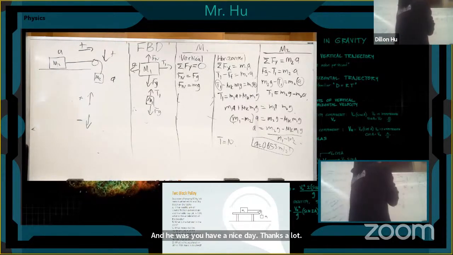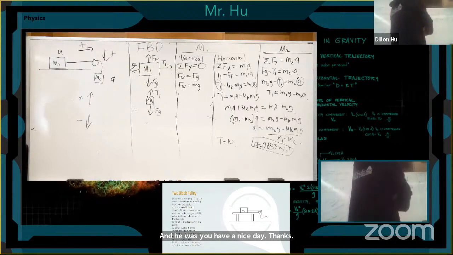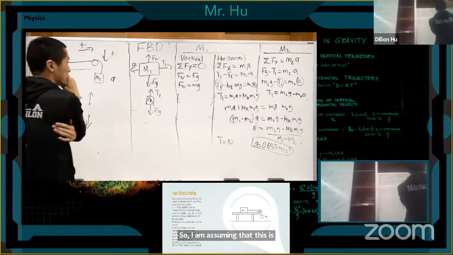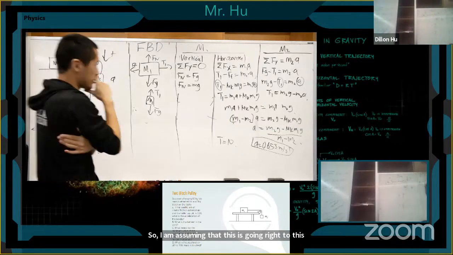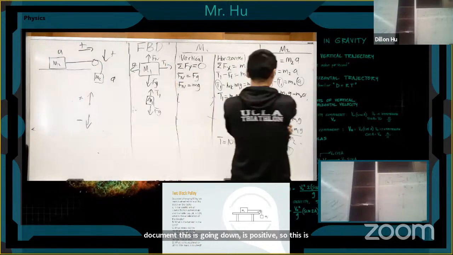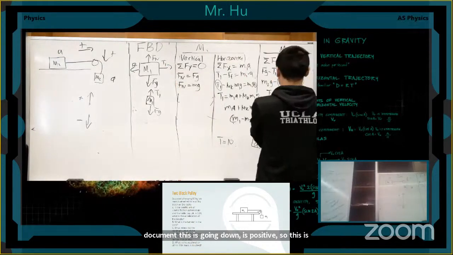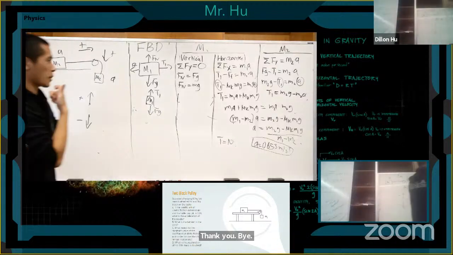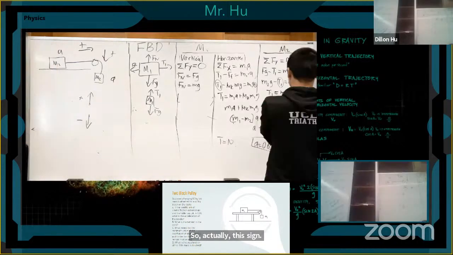All right, what did I do wrong? Okay, so I am assuming that this is going to the right, so this is positive. I'm assuming that this is going down, this is positive, so this is fine. Actually, the thing is I flipped this sign. Yeah, I flipped this.